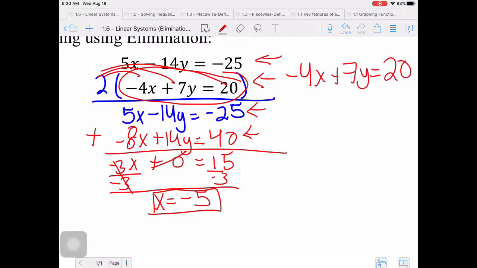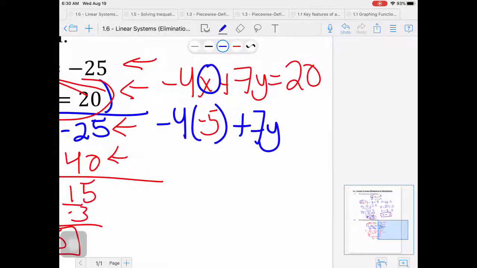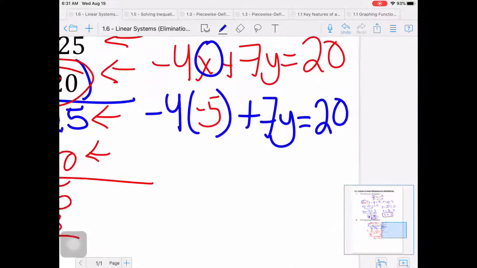And I'm going to substitute x equals -5 for that x right there. So now I have -4 times x, which is now -5, plus 7y equals 20. And now I can go ahead and simplify it and solve.